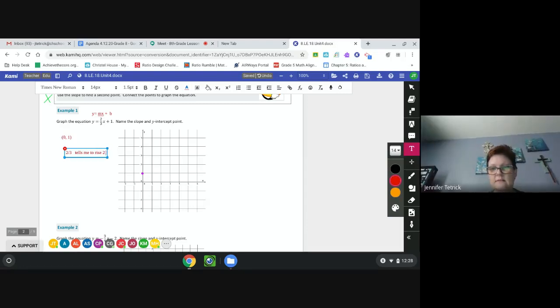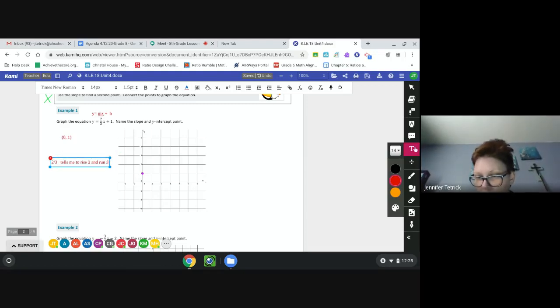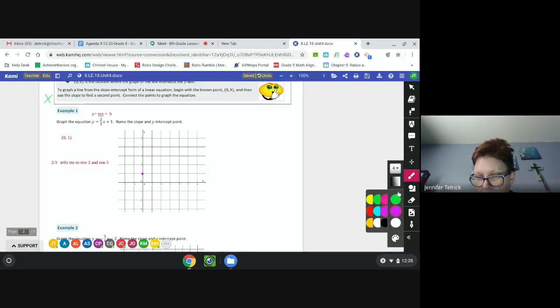Rise 2. Yes, Jayana, it's telling me how much to move. And whoever said rise 2 and run 3, excellent as well. And they're both positive. So do I have to worry about opposites? No. So from here, I'm going to rise 2. So 1, 2. And then I'm going to move to the right 3. 1, 2, 3. Let me try to get it right on there because I'm cross-eyed.